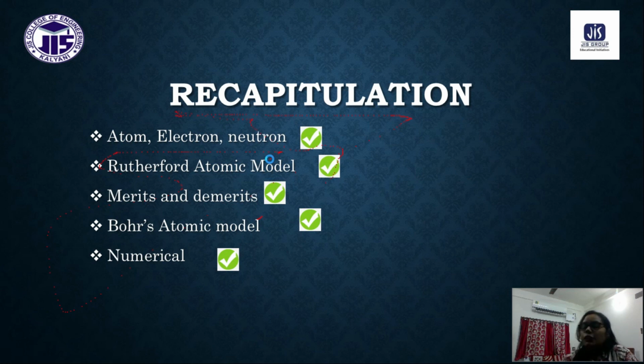In Bohr's atomic model we derived the radius and the energy of the nth orbit. All these derivations are very important, so you have to practice them well and remember the expressions, because numericals are based on them. Finally, we solved some numericals also.